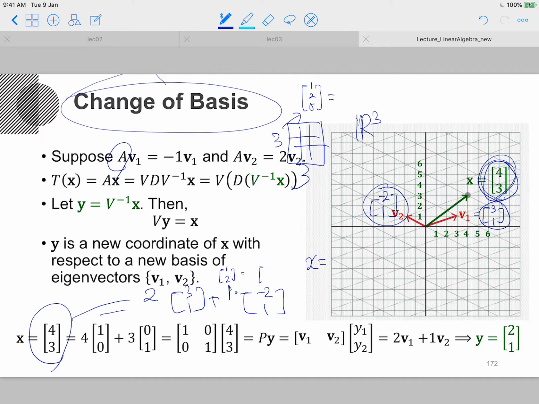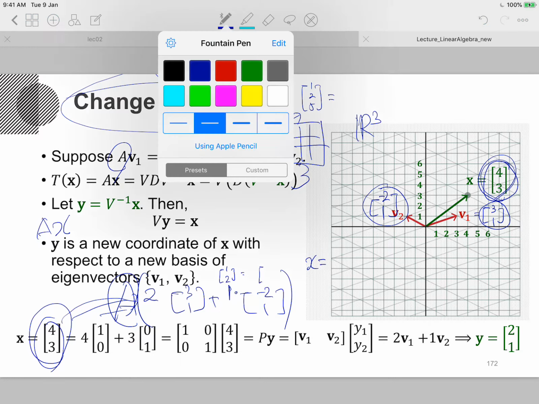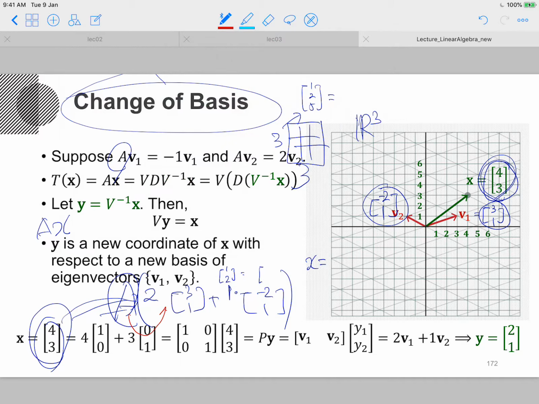And why do we do that? Once we decompose this input vector as a linear combination of eigenvectors, we can take advantage of computational savings. If we imagine A times x, then A can be distributed over each term.